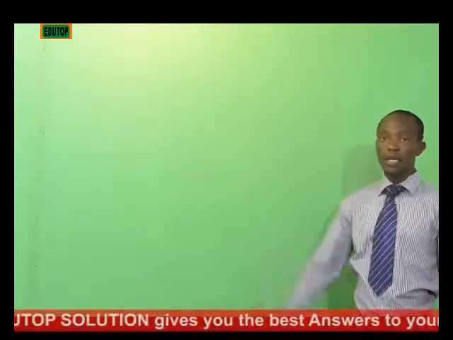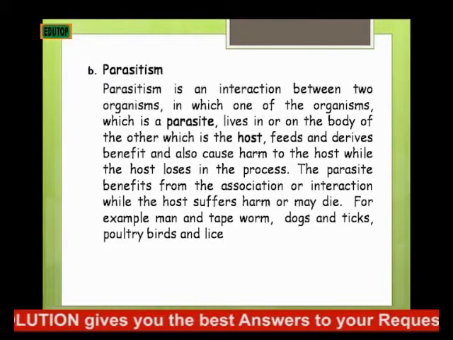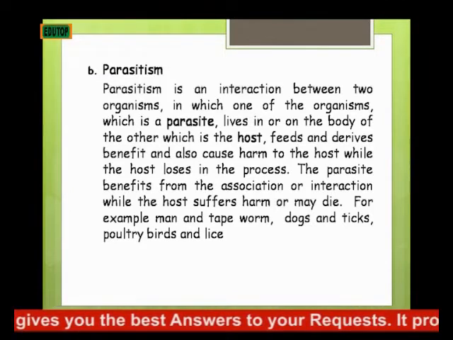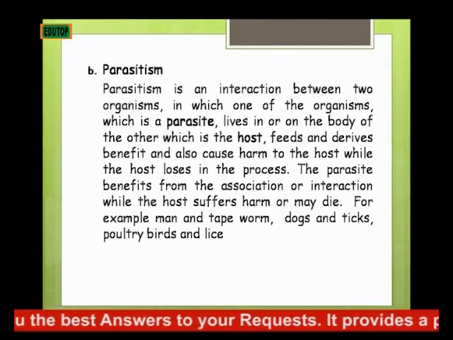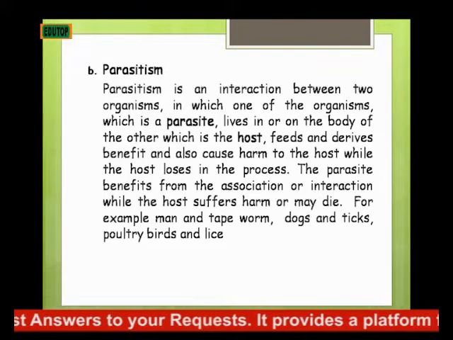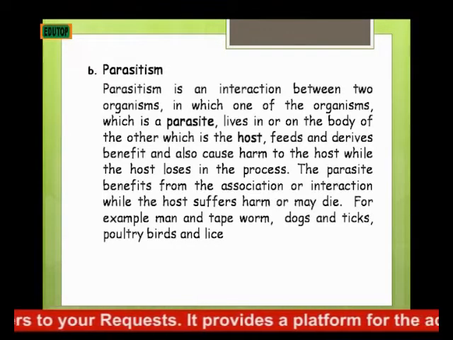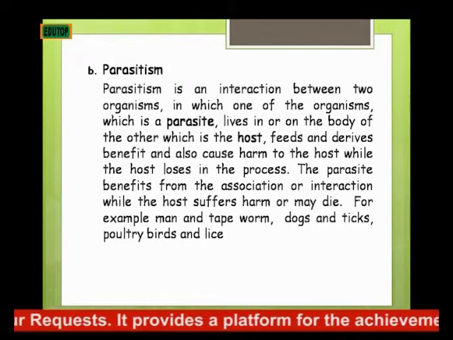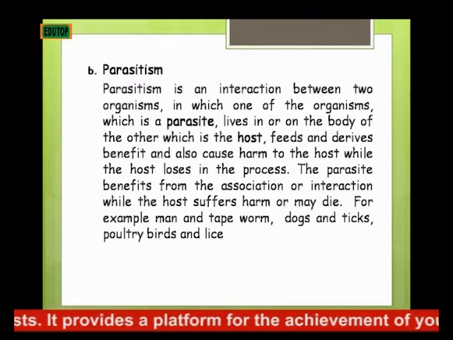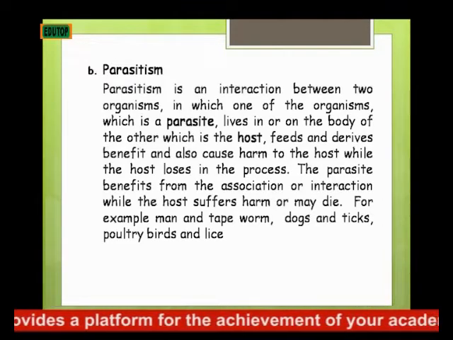The next interrelationship among living organisms is parasitism. Parasitism is an interaction between two organisms in which one of the organisms, which is called the parasite, lives in or on the body of the other, which is the host.